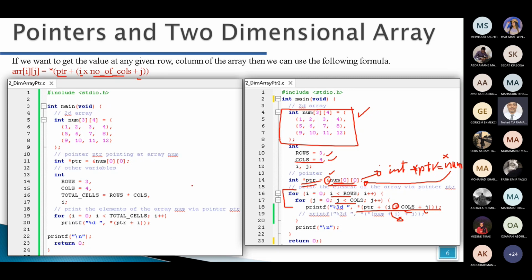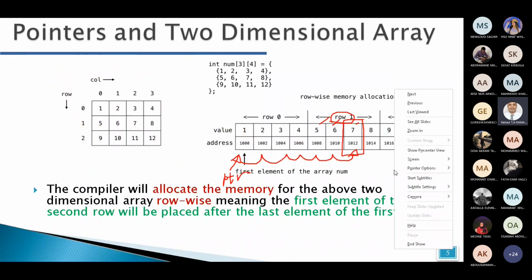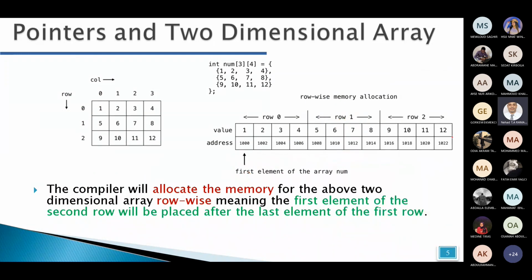In the two-dimensional array, using the pointer, we can also use 1 for loop. How to use 1 for loop? We can imagine it like this, as only one dimension. If we imagine it as one dimension, then we can use PTR and make PTR move one element at a time.